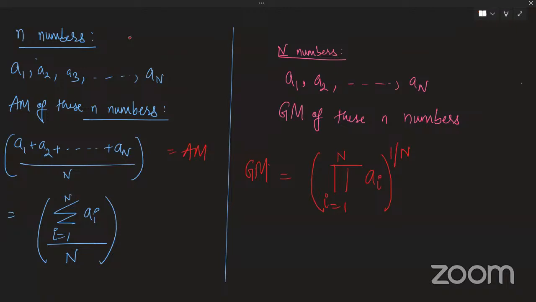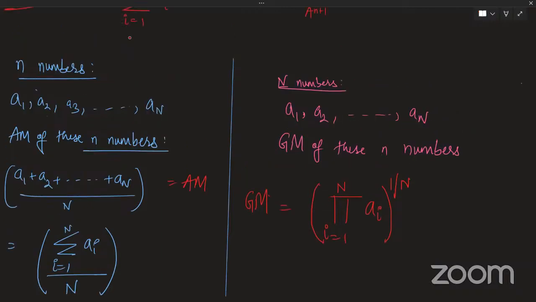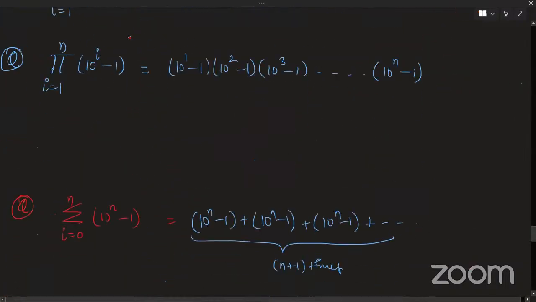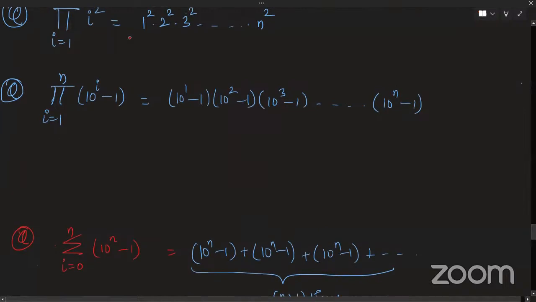No, there are n numbers we are talking about, right? So it has to go from 1 to n, not 1 to r. If the number of numbers that I'm talking about is r, then yes, it will be r. Just go back here and look. If there are n terms total, we go from i is equal to 1 to n.